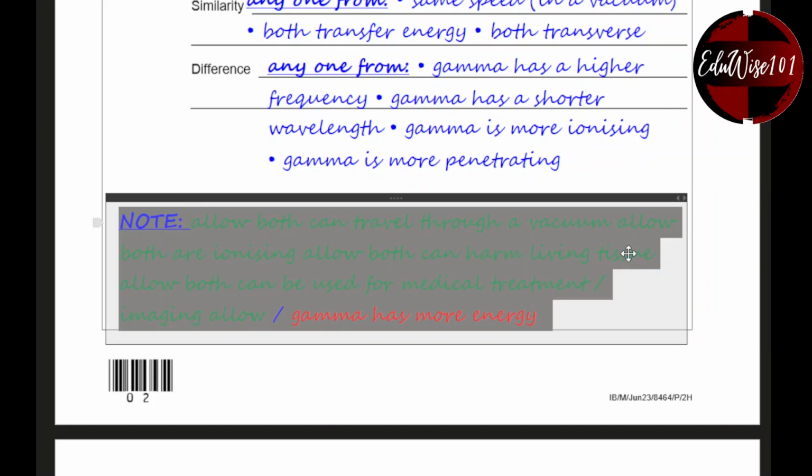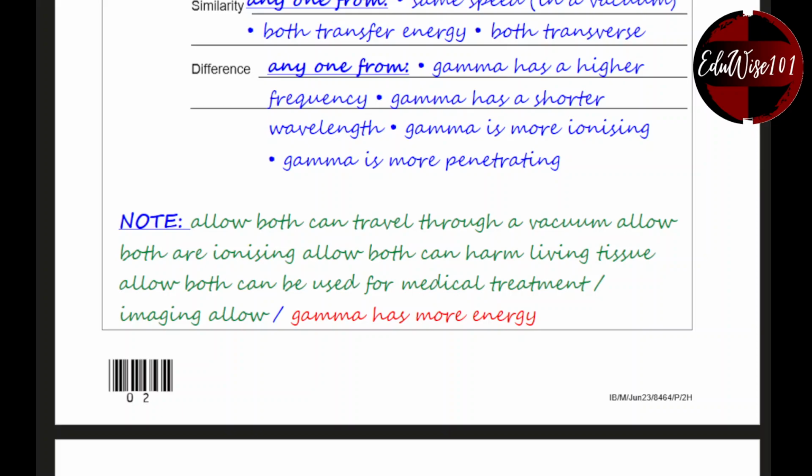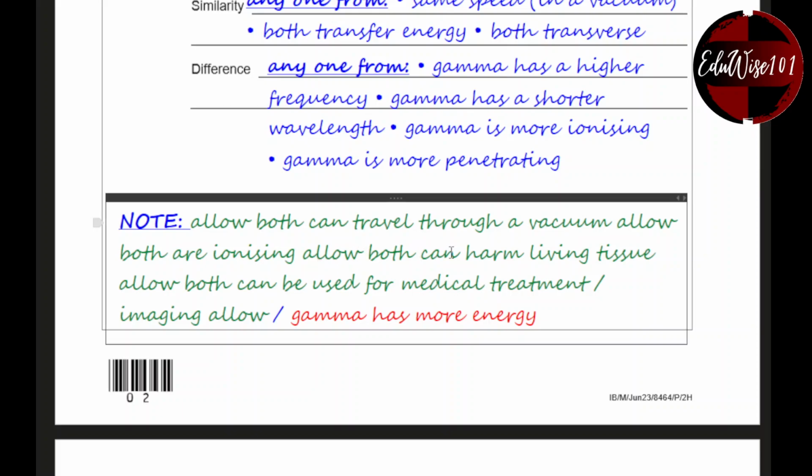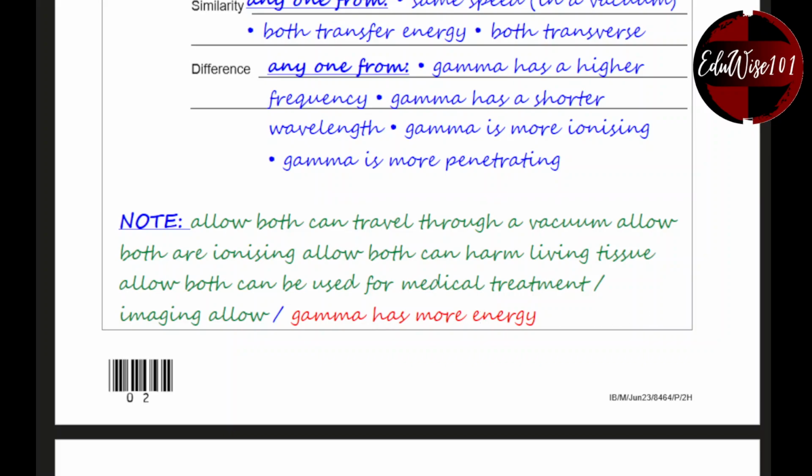As a separate note, you could also say they both travel through a vacuum, or they're both ionizing, or both can harm living tissue, or they can both be used for medical treatment or imaging. And you could say gamma has more energy as well.